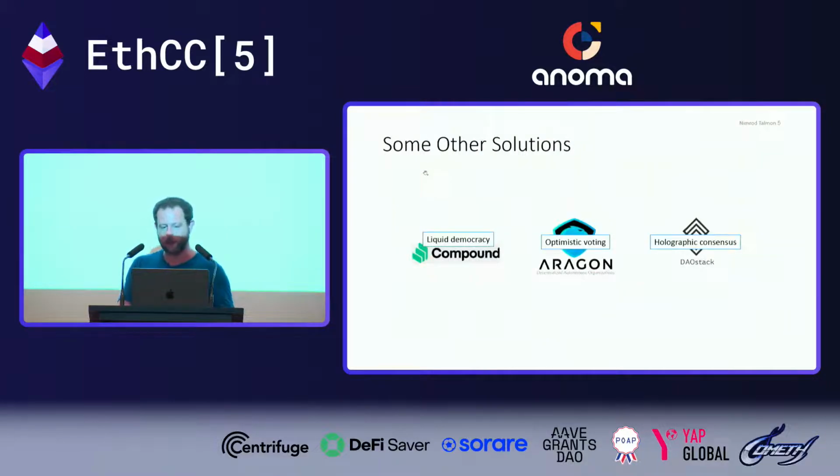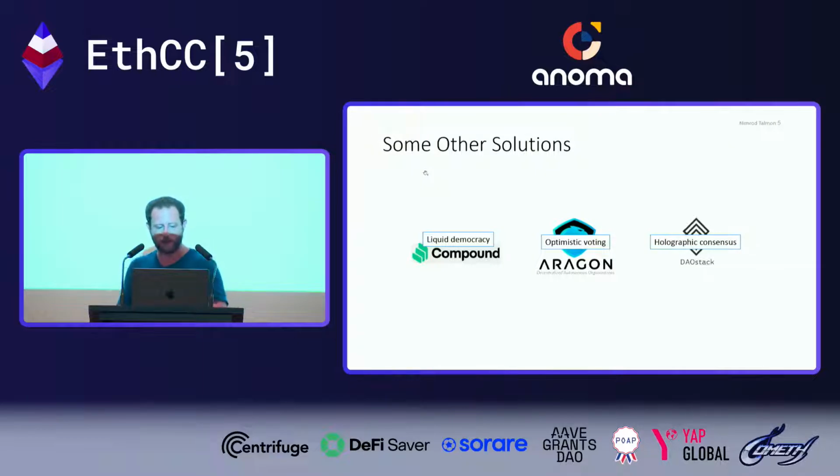There are some other ideas that, at least from my perspective, try to solve it, at least partially. Compound has liquid democracy, this concept of delegation, which is also used in other settings. If I am a member in some community and there are many decisions that I have to make, but I can name one delegate or several delegates who will make the decision on my behalf, then this saves a lot of time and attention on my behalf.